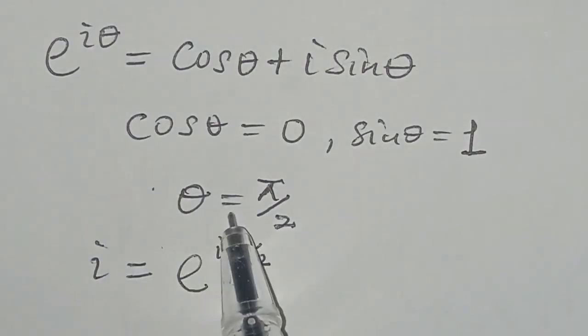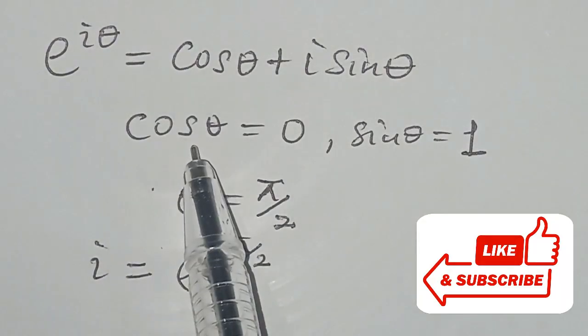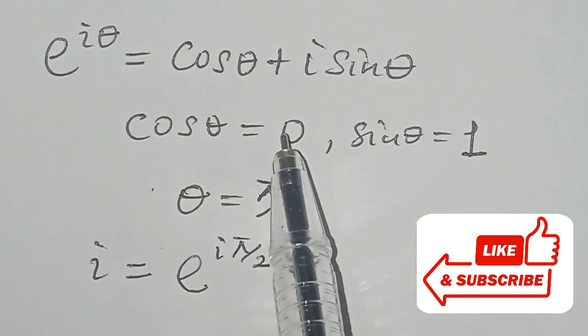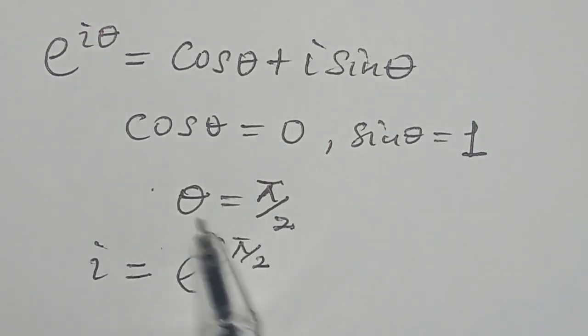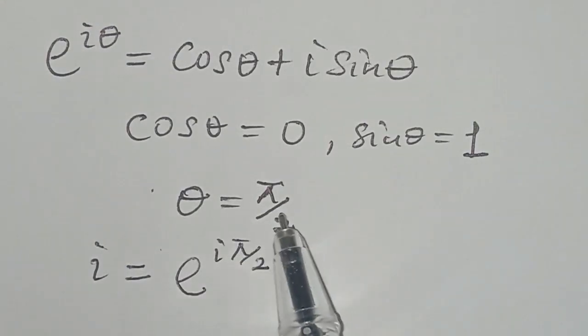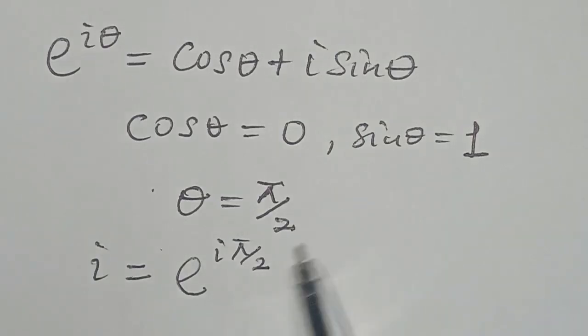So since both results of cos theta and sin theta occur when theta is equal to pi over 2, we now replace that, then we have this step.